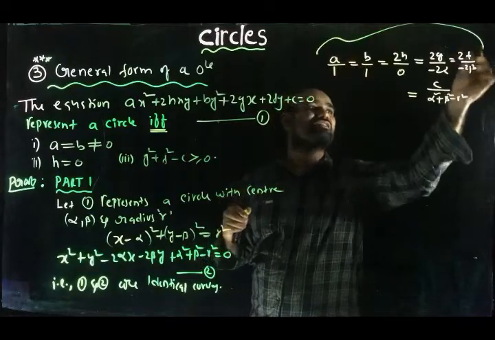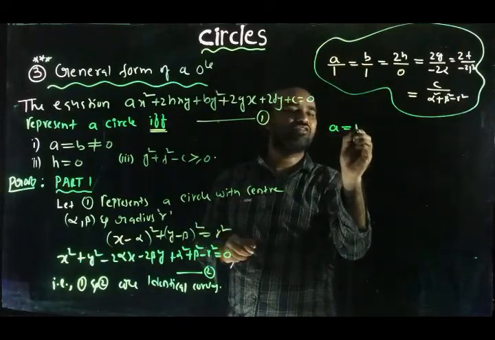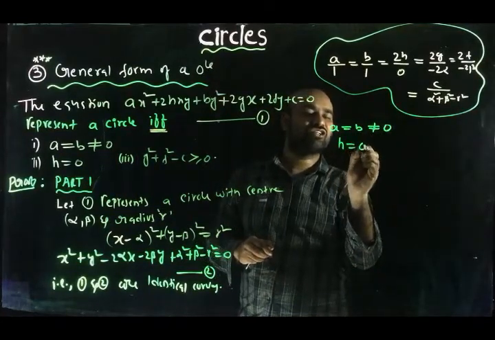From this we can conclude a equal to b not equal to 0 and h equal to 0 only.